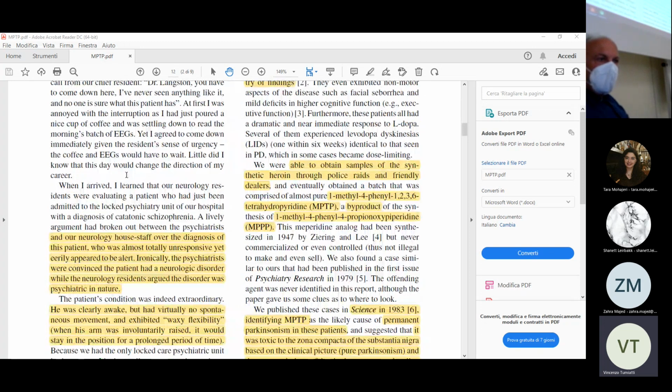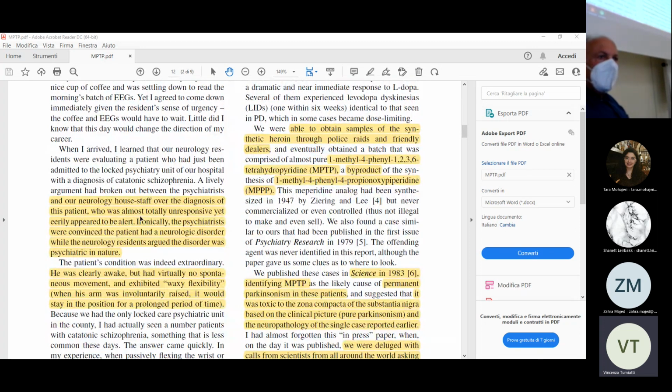And so they found at the beginning several patients, totally unresponsive, with this type of fulminant Parkinson. But in that time, they didn't know any effect of MPTP on dopamine neurons.